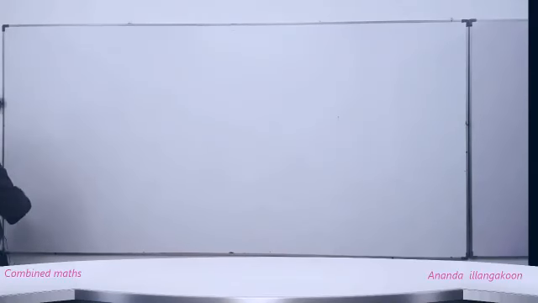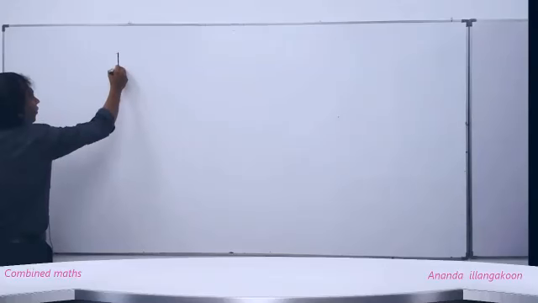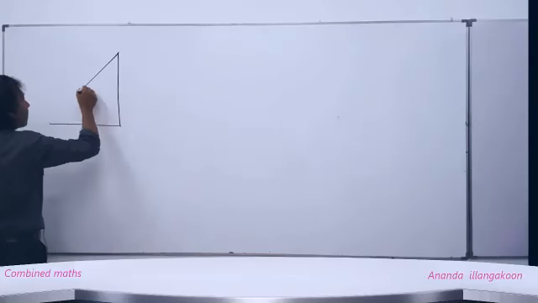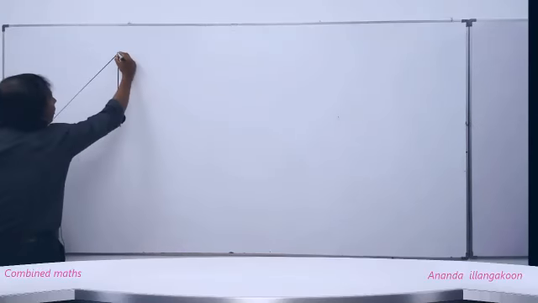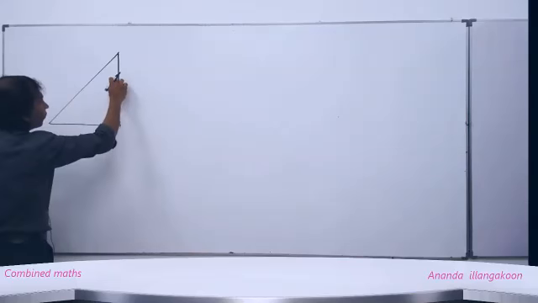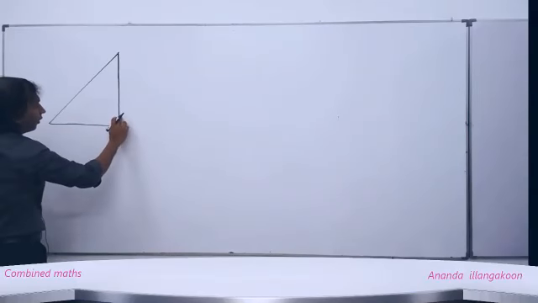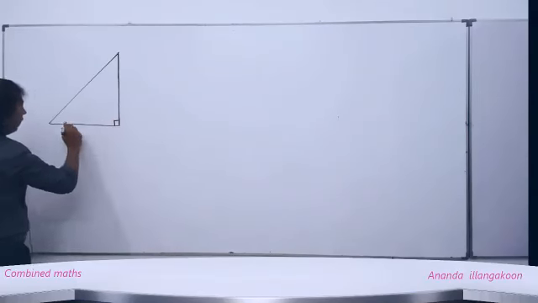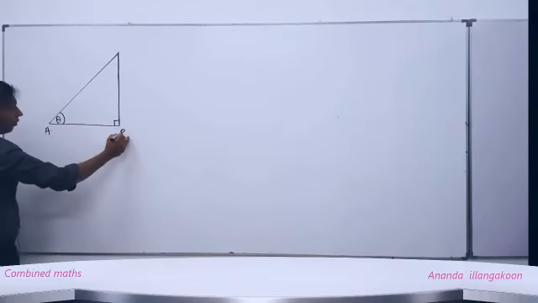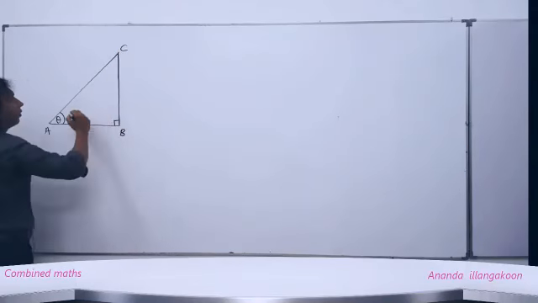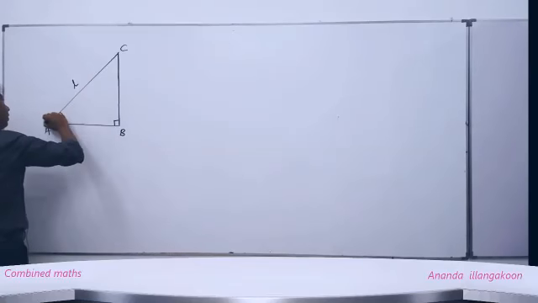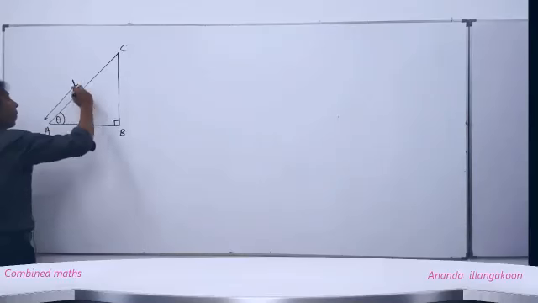Now I am going to consider this way, right angle triangle. Here 90. I'll take this as theta. I name this triangle ABC. And I take this hypotenuse as L. This length is L.